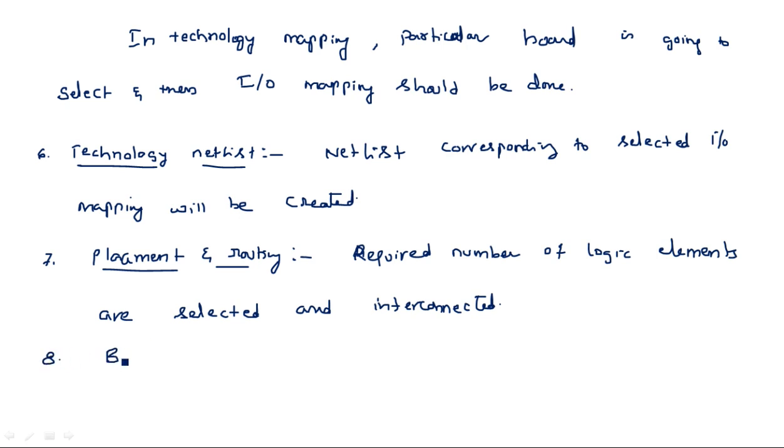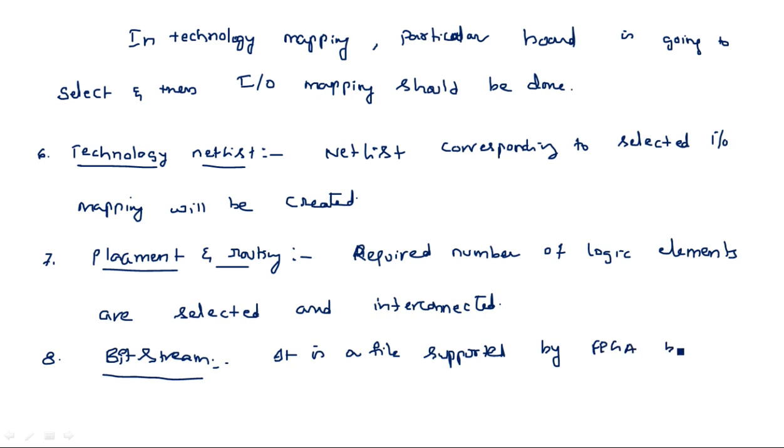And then the bit stream, a very important file. The bit stream is a file where the entire program and the entire logic function that we are going to dump onto the FPGA will be created in the form of bits. It is a file supported by the FPGA board to dump.